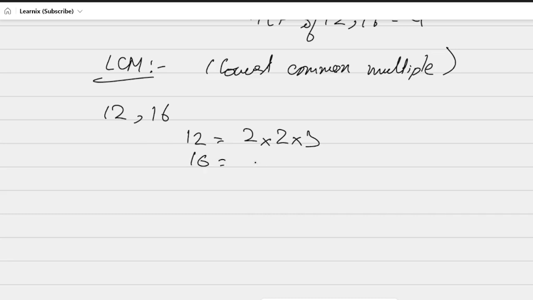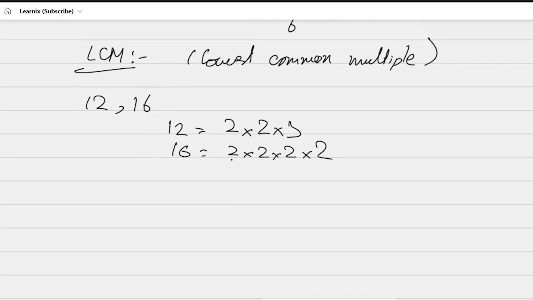And for 16 it's 2 times 2 times 2 times 2, basically 2 to the power of 4. The lowest common multiple would be the lowest number that is present in the prime factors of 12 and in the prime factors of 16. And in our case, that's 2. So the LCM of 12 and 16 is 2.